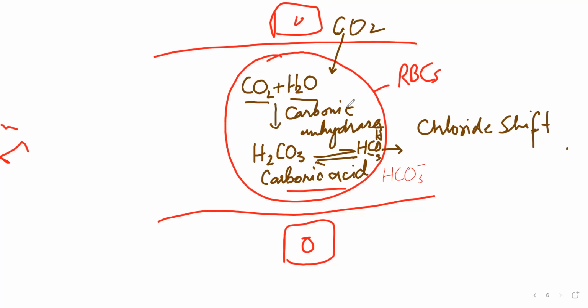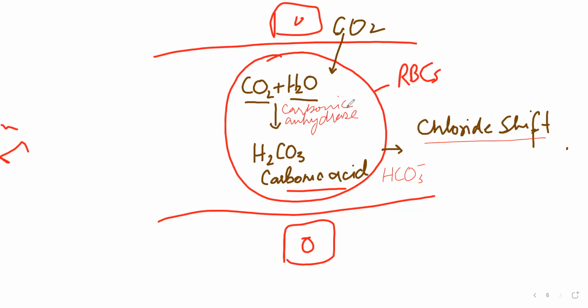And this can only happen when the chloride shift takes place. What do we mean by chloride shift? It is the replacement of the chloride. I'm just writing it out for you. This is the carbonic anhydrase enzyme.